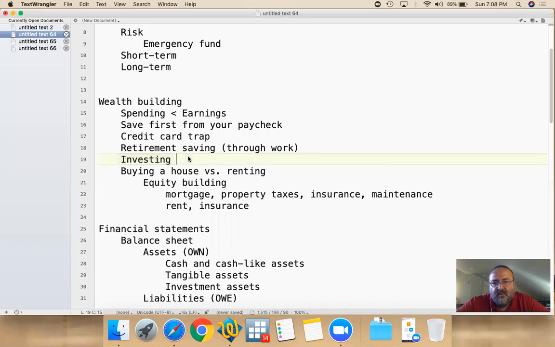So we'll talk about what's a bank, what's a brokerage house, and so on and so forth in a later chapter this week. However, an example of a bank would be Bank of America, Chase, or a credit union, and so on and so forth.